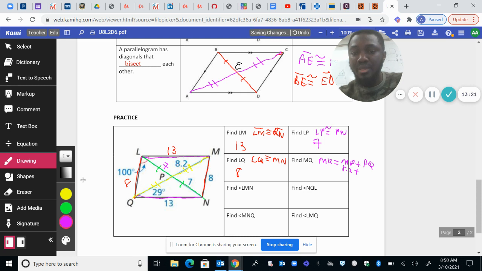But we know MP and PQ are congruent because they are along a diagonal, they intersect each other. So PQ has to be 8.2 as well. So when you add 8.2 and 8.2, it gives you 16.4. And what next?